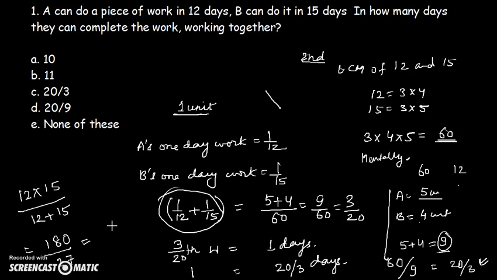You will get 20 upon 3. So 20 by 3 days is a direct answer here. So this is the shortcut when 2 people are involved. I hope you understood the 3 methods.